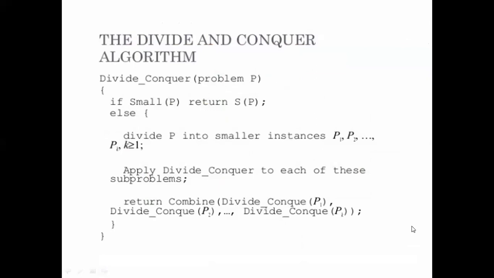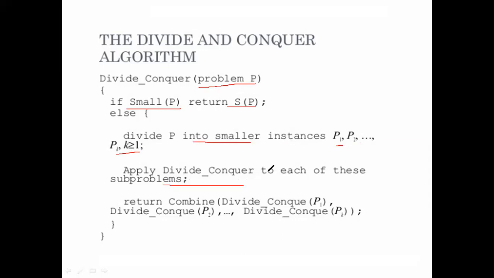So see the algorithm for divide and conquer. Here I am explaining that flow chart only. So divide and conquer for problem P: if the problem is small, return the solution S of P, else divide P into smaller instances, that is P1, P2 and so on up to Pk, where k is greater than or equal to 1. After dividing the problem, you have to apply divide and conquer to each subproblem.